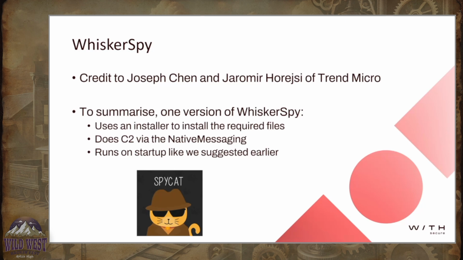Instead of the implant talking directly to a C2 endpoint on the internet, it passes that traffic over native messaging through the browser, which is much more likely to talk to random things on the internet than some random binary or script, right? So that's a lot less suspicious. And then it runs on startup like we suggested with that JavaScript code earlier on.